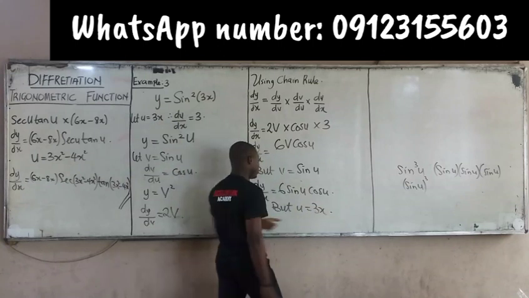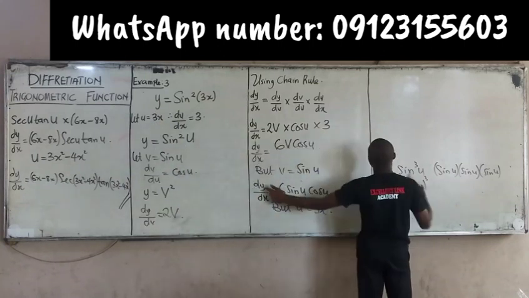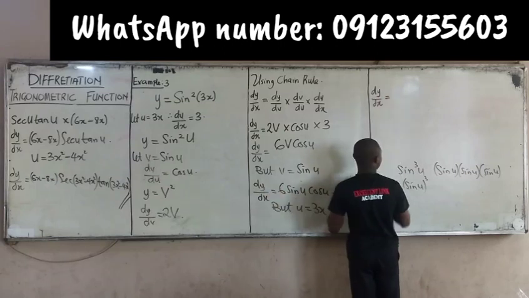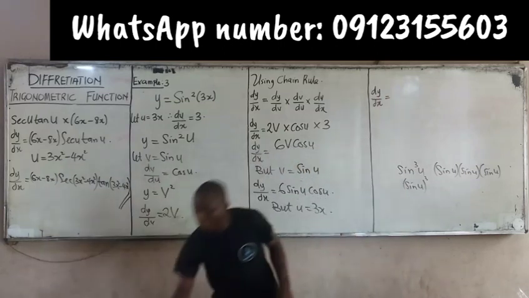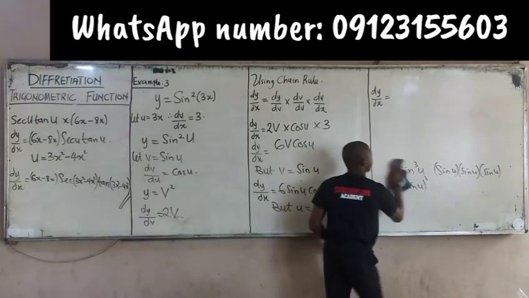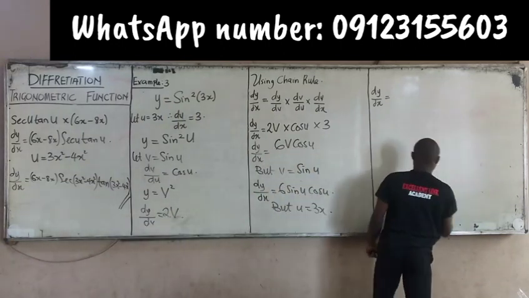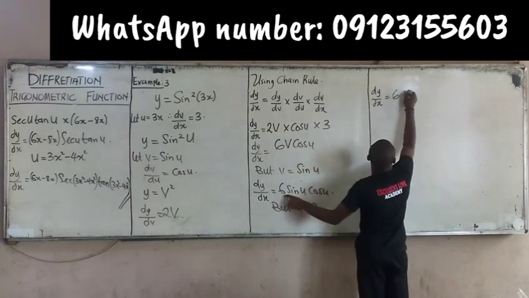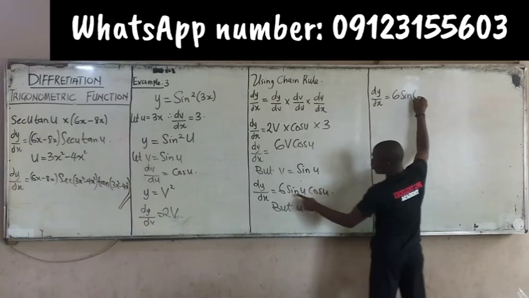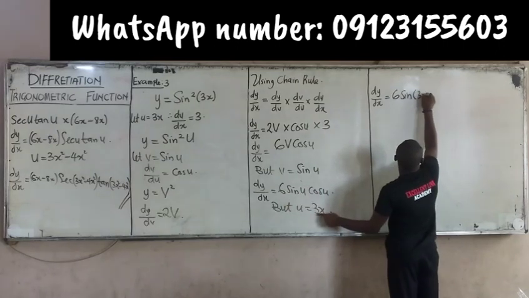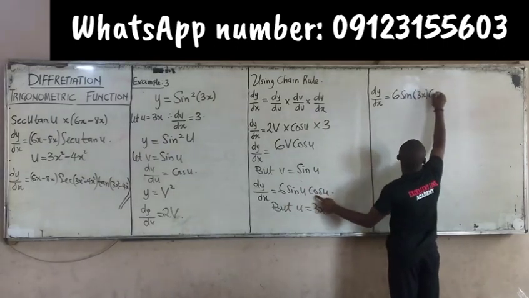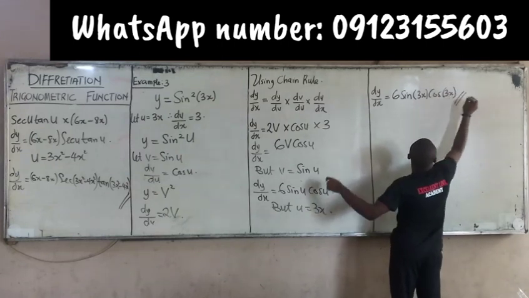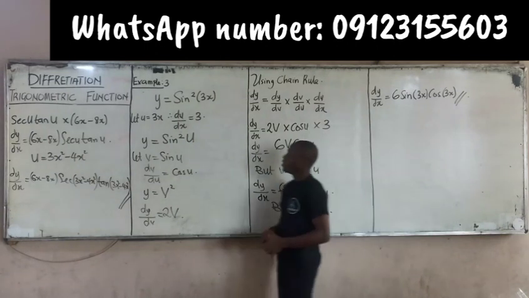Hence, putting u here to get the final answer, dy/dx is obviously 6 sine 3x cos 3x. This is my answer after differentiating this term.